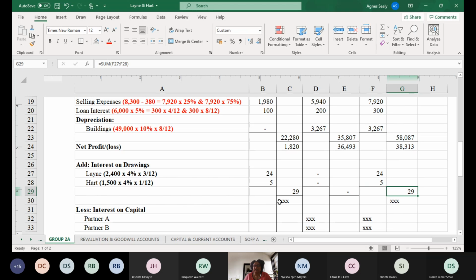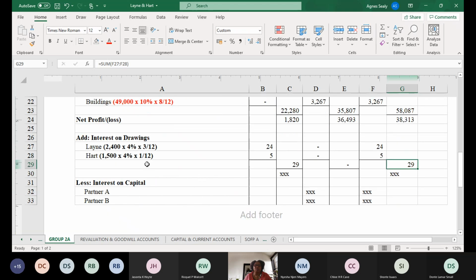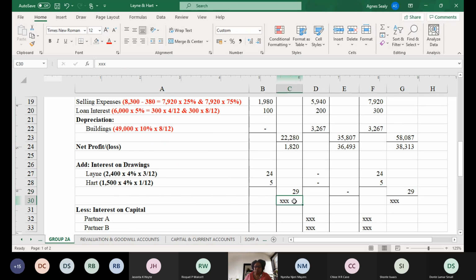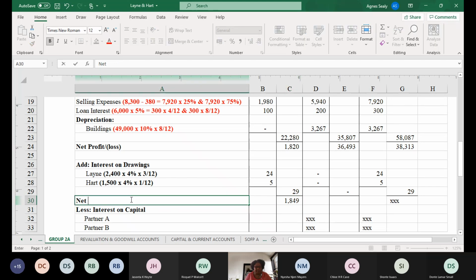So that's the interest on drawings. Now that we've calculated the interest on drawings, we can now calculate our new net profit. So that would be 1820 plus 29 under the old. I will call that my net profit, because that is my net profit now after I would have put in my interest on drawings.